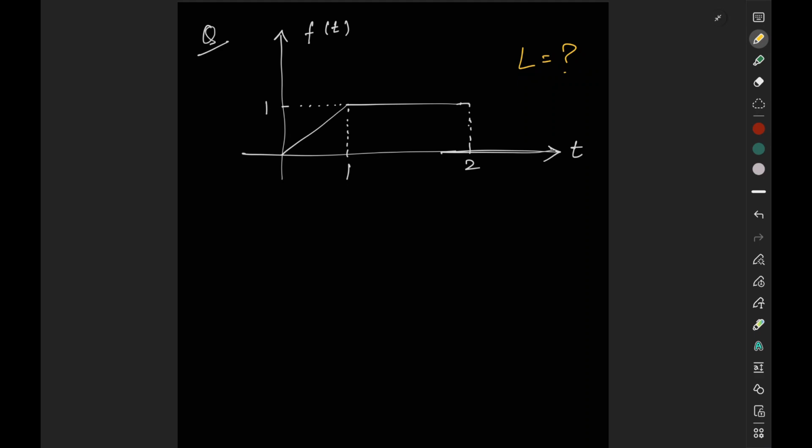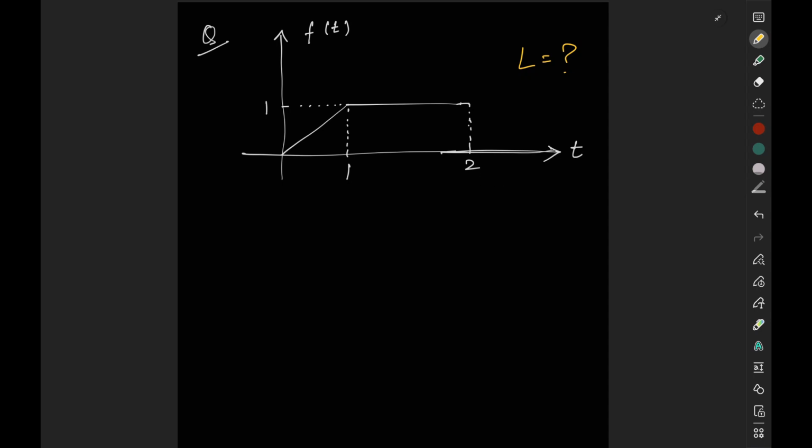Let's see another question. Here we are given the graph of f of t and we have to find the Laplace transform of that. Now we can see this function takes values from 0 to 1 and 1 to 2. From 0 to 1, f of t is equal to t because x and y are equal.